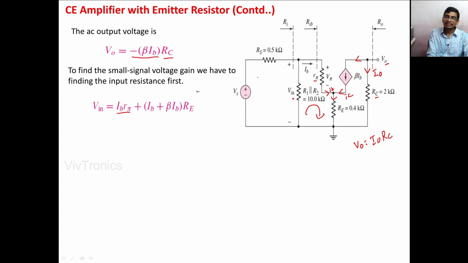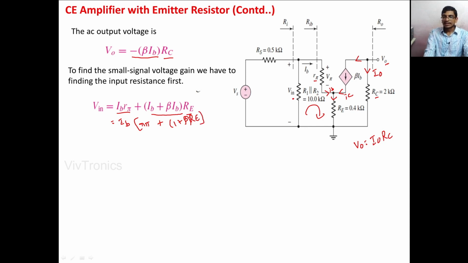Therefore, IC can be represented as beta IB. Therefore, IB plus beta IB into RE is the voltage drop across the RE resistance. So from this we can take IB as common. Therefore, Vi equals IB times R pi plus 1 plus beta into Re.